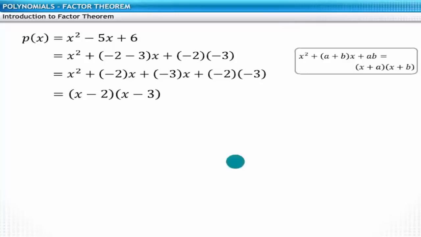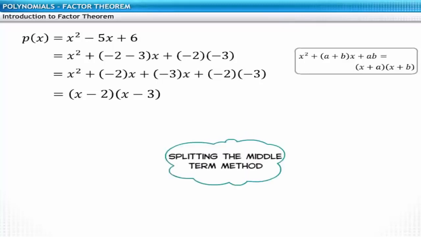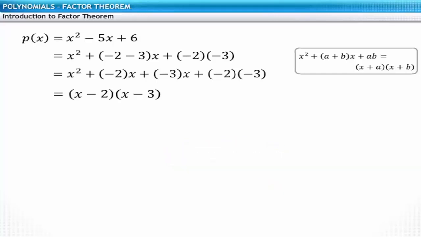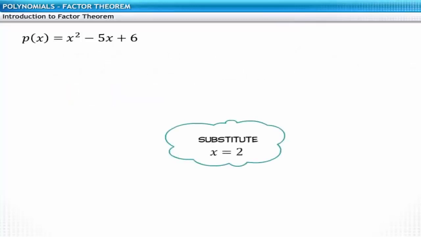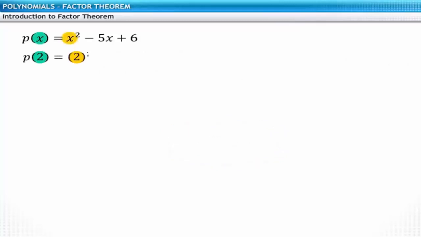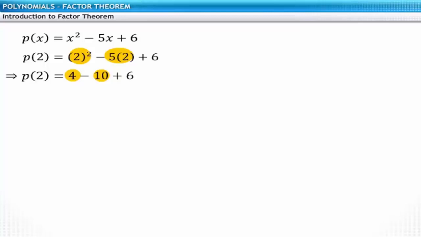This method of factorization of a polynomial is also known as splitting the middle term. The factors of this polynomial are x minus 2 and x minus 3. Now, we'll substitute x equal to 2 in the polynomial. We get P of 2 equal to 0.